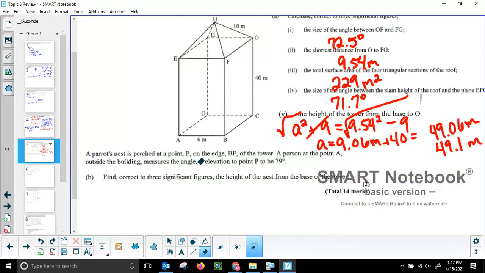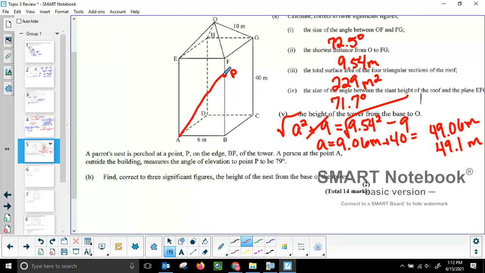All right, a parrot's nest is perched on point P on the edge of BF. Okay, so we've got some point P on this edge. A person at point A outside the building measures the angle of elevation to point P, right, to be 79 degrees.